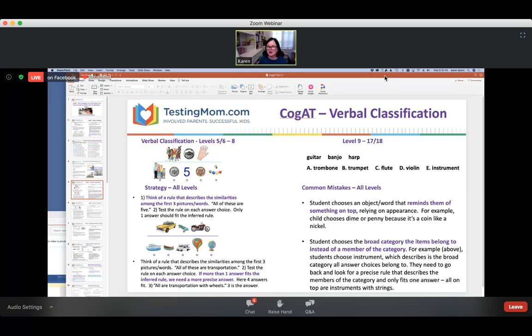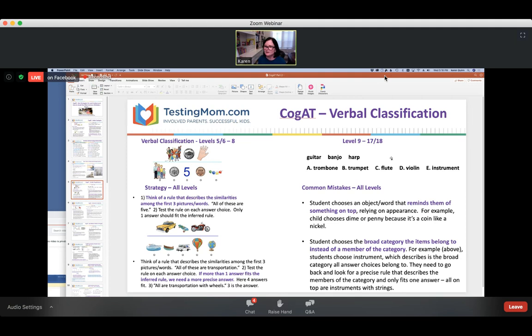So a child may quickly pick a penny or a dime because there's a coin up here, or might pick any instrument just because these are instruments. The other thing kids often do is go to the broad category that the items belong to instead of the member. These are all members of the instruments category.